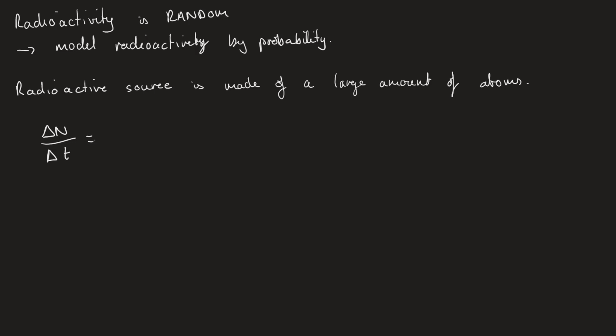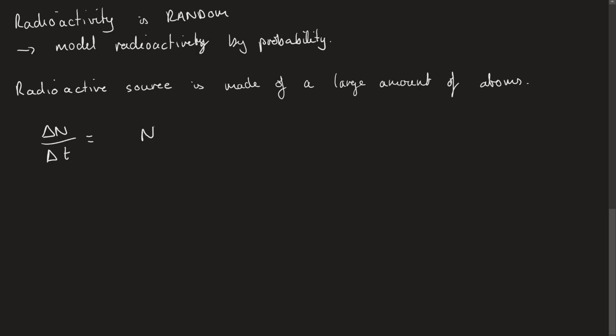If I start with a huge amount of atoms, I'm going to end up with a very high rate of decay, because if I've got loads of them, it's way more probable for them to decay, and hence it's going to happen quicker. If I have maybe one or two, then my rate of decay is going to be much slower. So I know that this is going to be dependent on N, where N is the number of particles that I have.